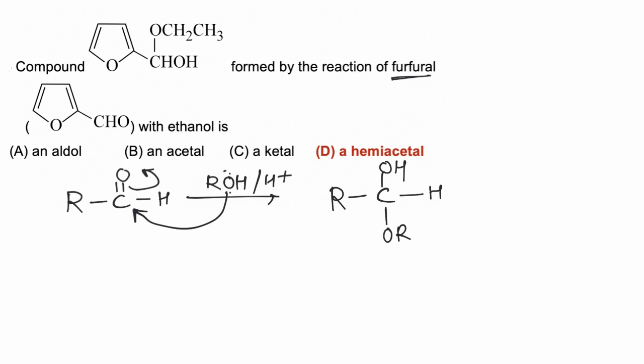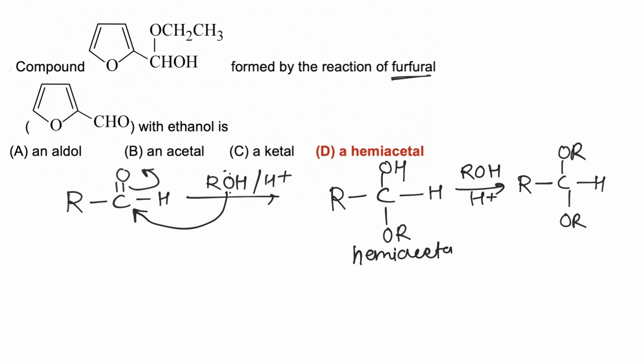Now this molecule is called hemiacetal. Now this hemiacetal, on further reacting with alcohol in acidic medium, will finally be converted to acetal. So in this question we have furfural which has an aldehyde group.